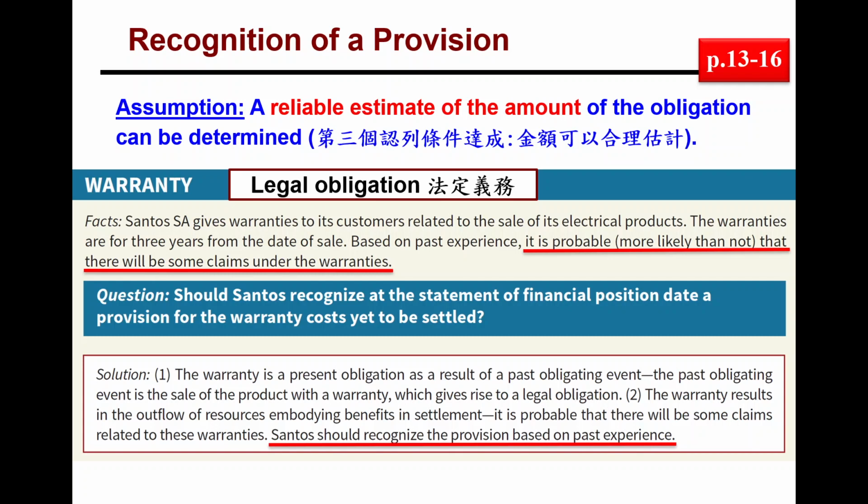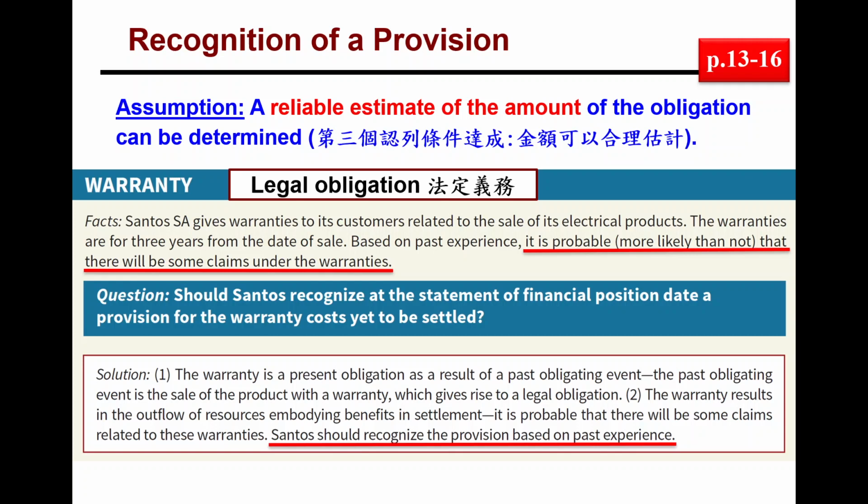Like your cell phone, your motorcycle, your computer, your clothes, your water bottle, your desk, your chair, everything you buy, you actually have a warranty from the sellers. Have you gotten the car warranty, 保固卡? You should have, right?